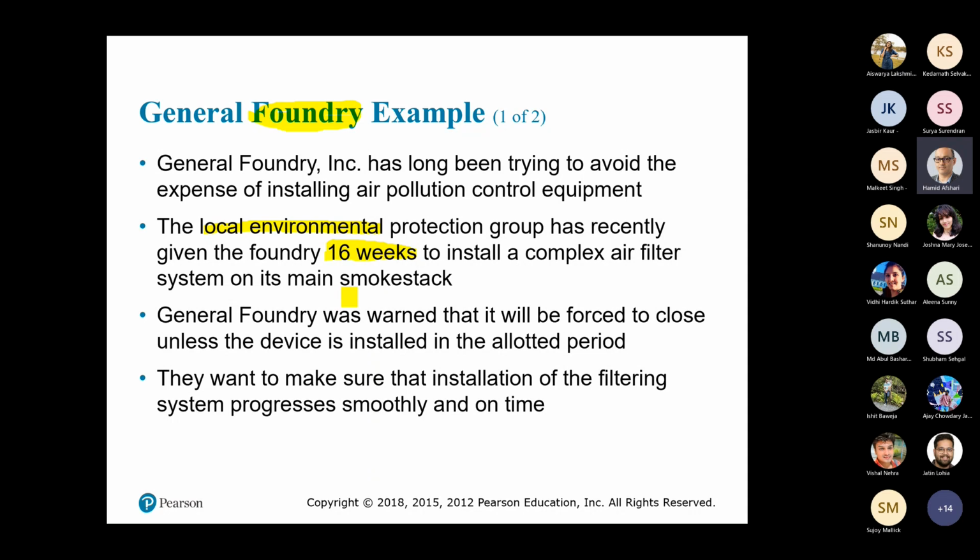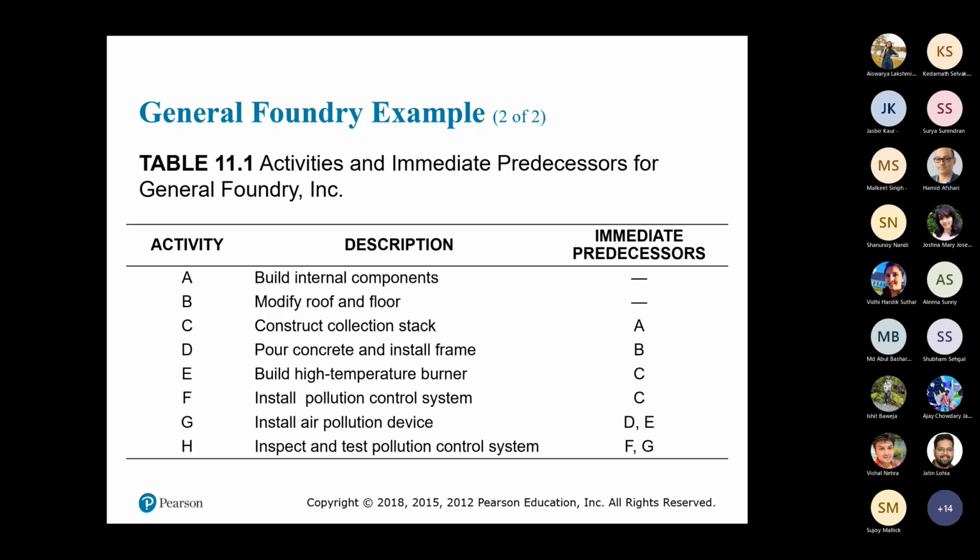And you know, in manufacturing, we don't like to close the factory because that's a lot of cost. So General Foundry was warned that it will be forced to close unless the device is installed in the allotted period, which means 16 weeks. They want to make sure that installation of the filtering system proceeds smoothly and on time. So they want to make sure everything goes on time.